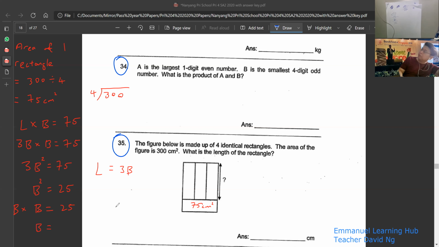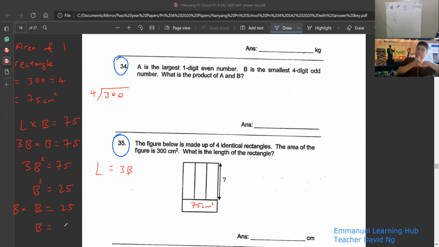B is how many? 25 divided by 2? Nope, not divided by 2. Because B times itself. Your multiplication timetable, which number multiplied by itself is 25?